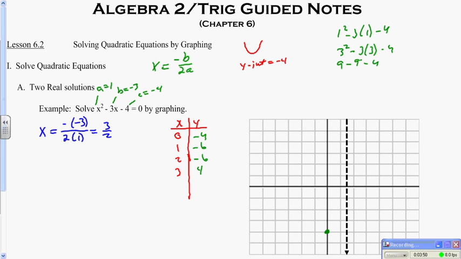And that cancels out, and I believe that's a negative 4. Oops, okay, negative 4. Glad I got that.